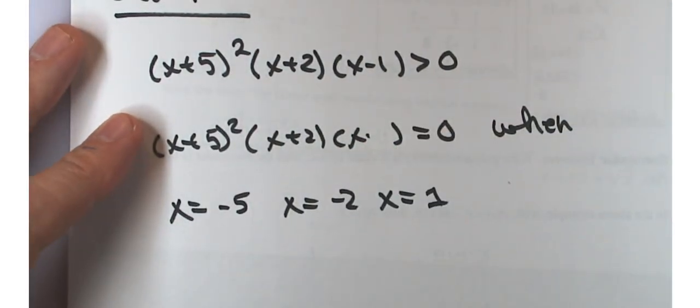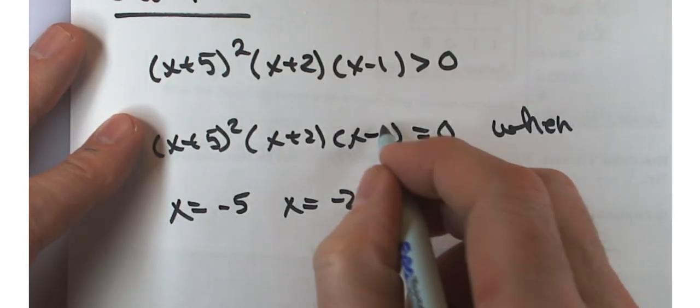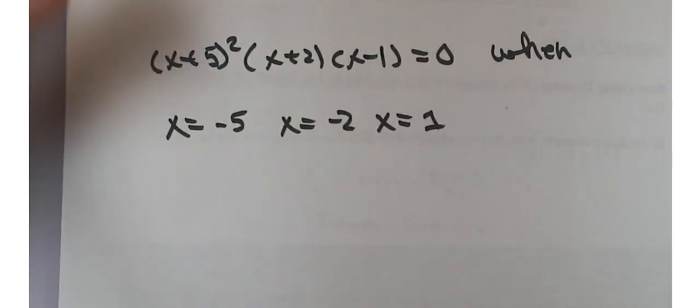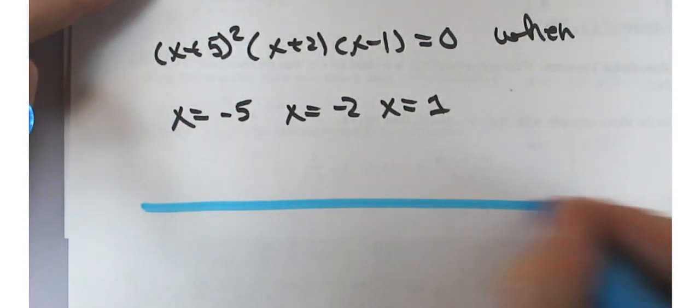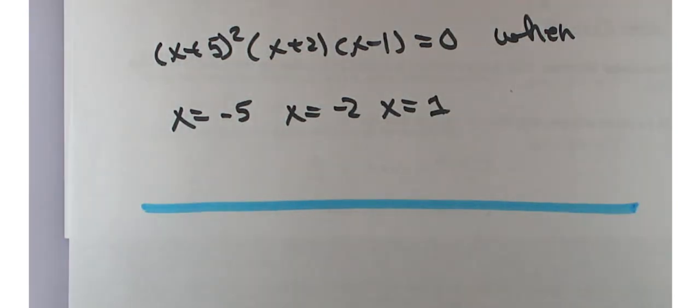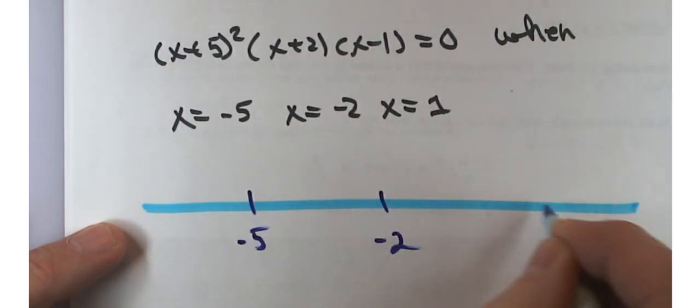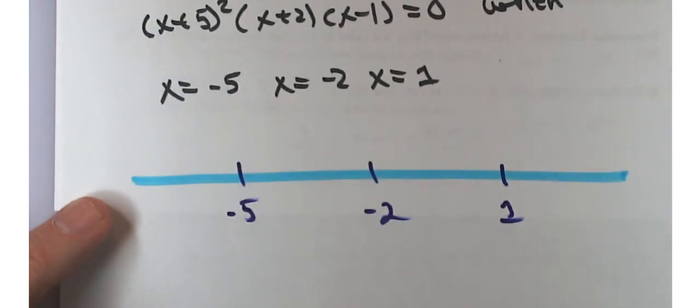All right, so those are the points that we're going to put on a number line. Those break up our number line into intervals. So when you're drawing your number lines, just label the points that you need. We want points at -5, -2, and 1.